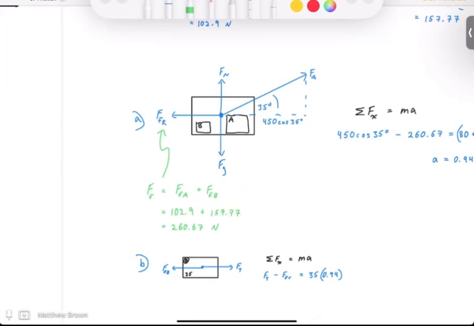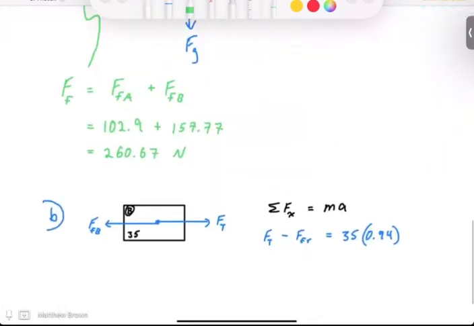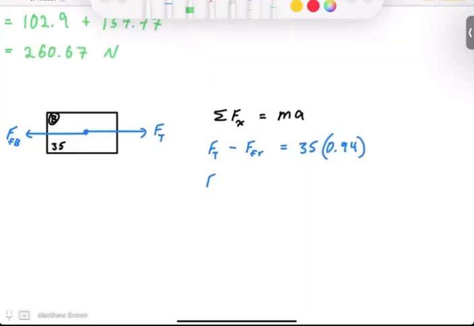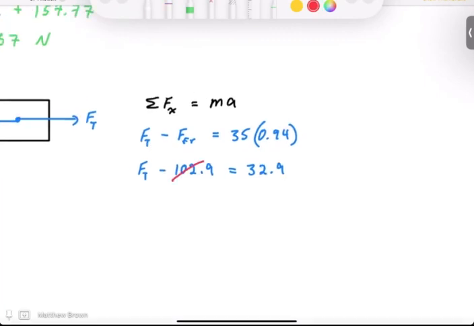That was the 102.9. So that means Ft minus 102.9 equals 32.9. So all I do is I add 102.9 to both sides of my equation, and that tells me the force of tension is equal to 135.8 newtons.